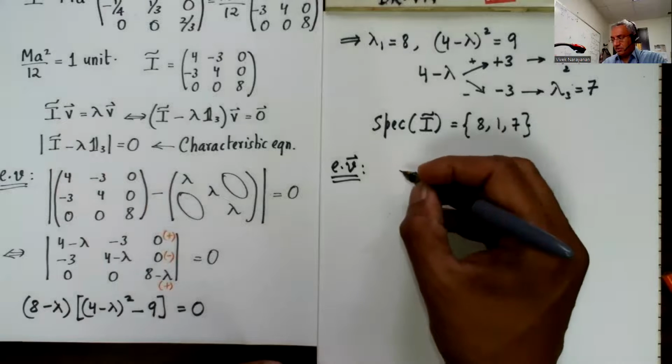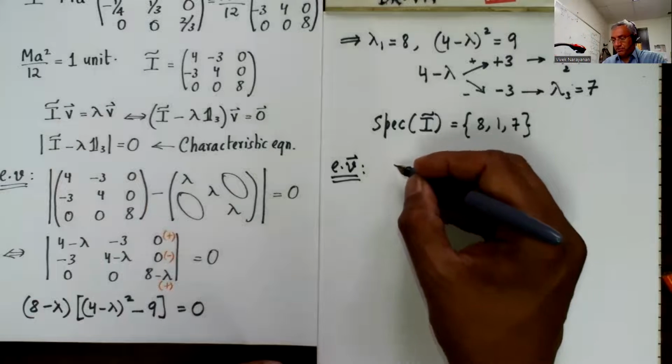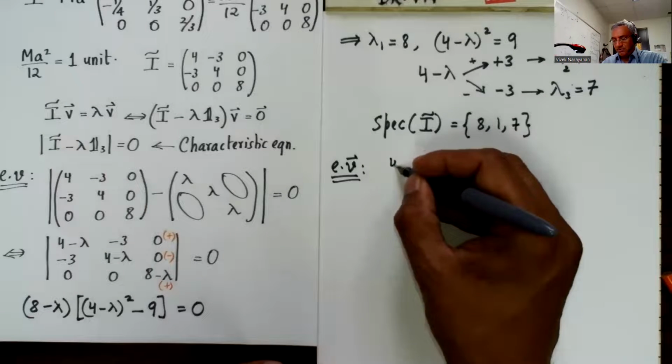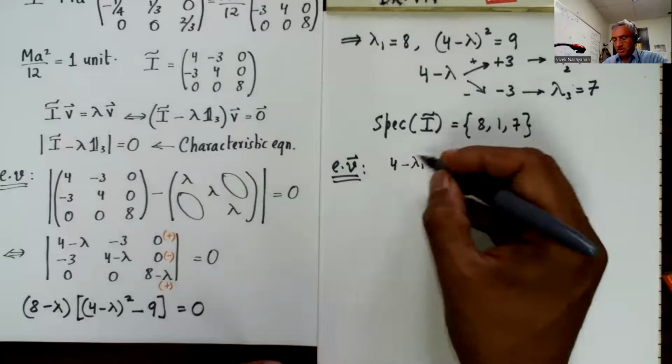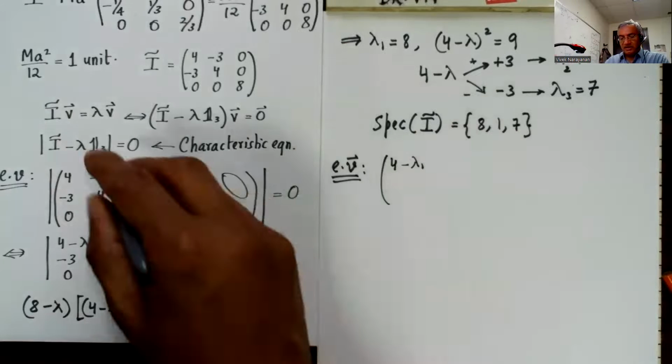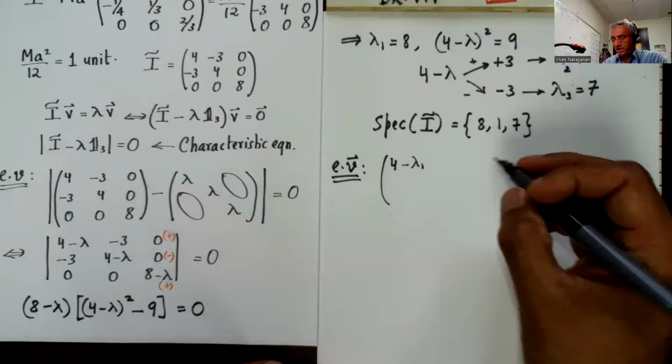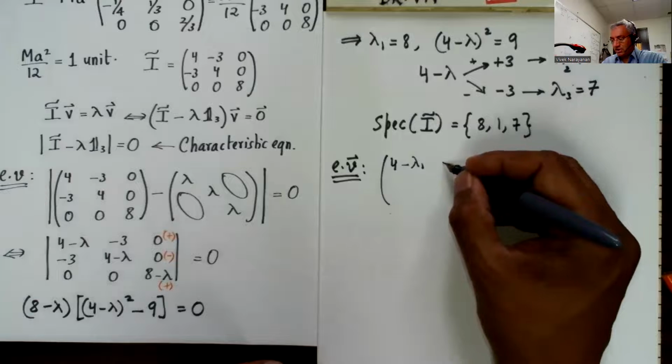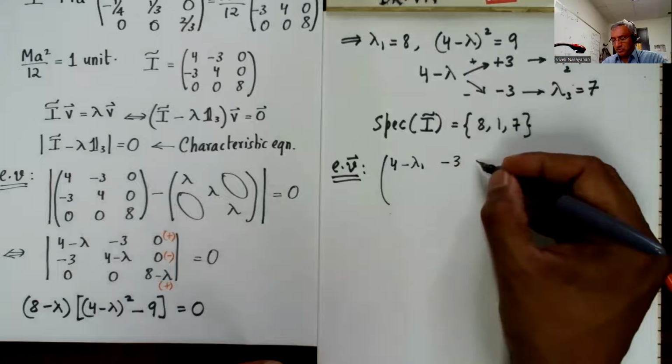So what I have to do is 4 minus lambda 1. So I can write this like this. Okay, 4 minus lambda 1, -3, 0.